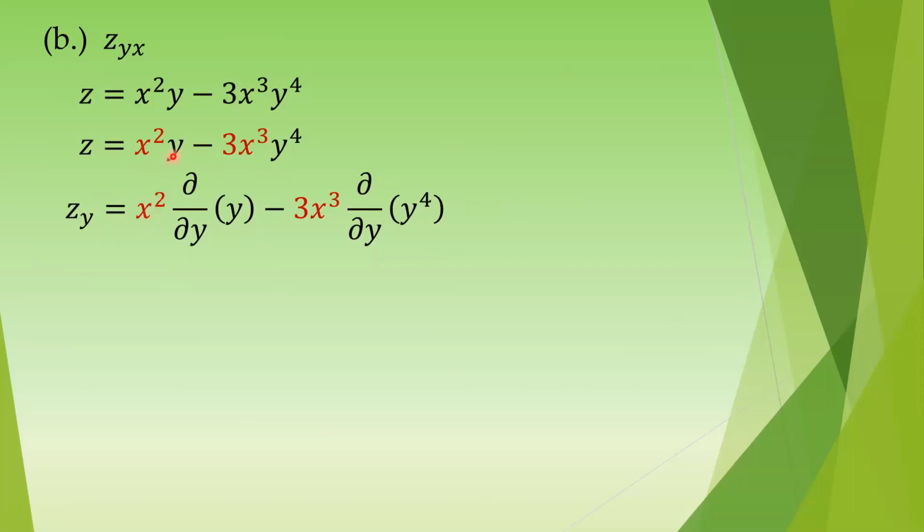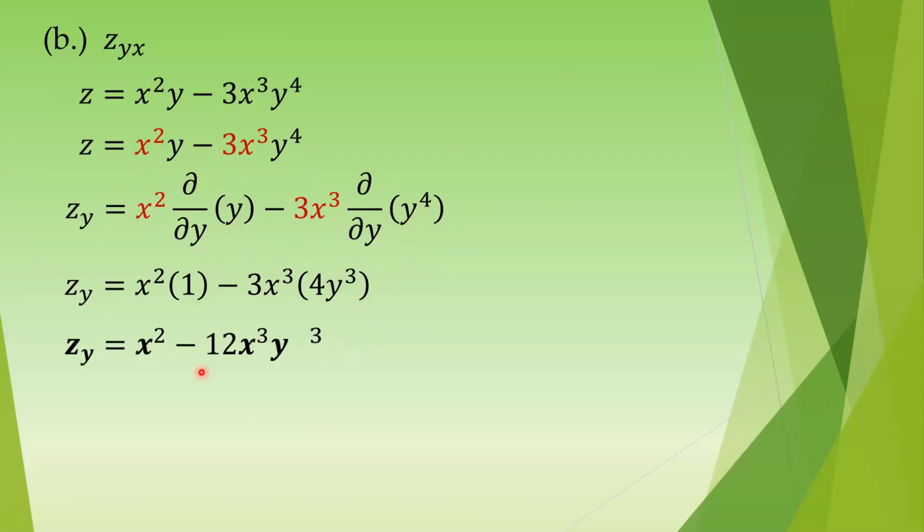Labasan natin agad. Then differentiate y. Ibukod muna yung constant, 3x cubed. Differentiate the variable, y raised to 4. Then, we have x squared, derivative ng y ay 1, minus 3x cubed, derivative ng y raised to 4 ay 4y cubed. Then simplifying, z sub y is x squared minus 12x cubed y cubed.